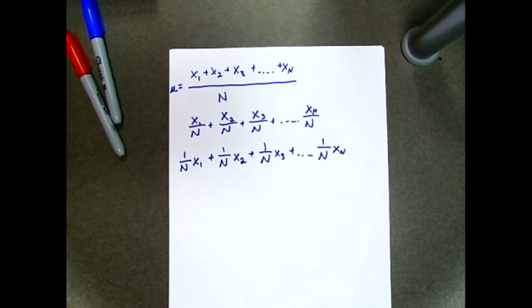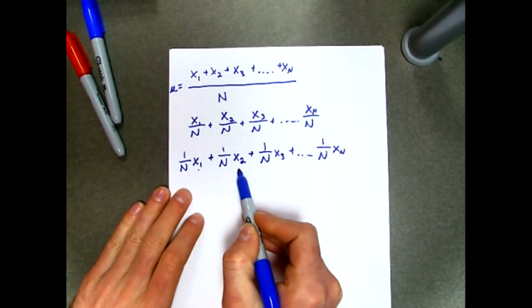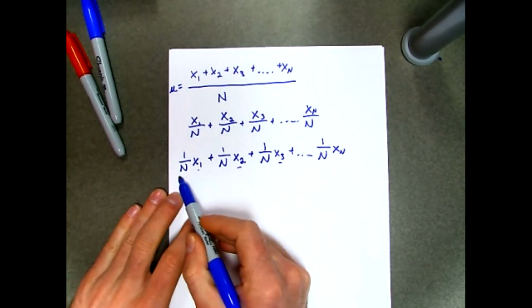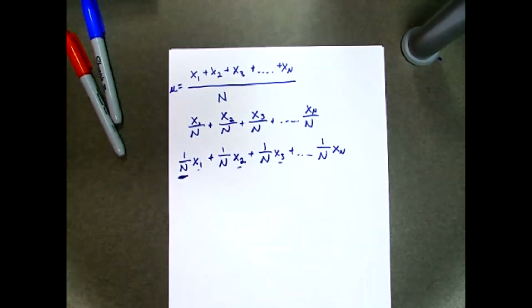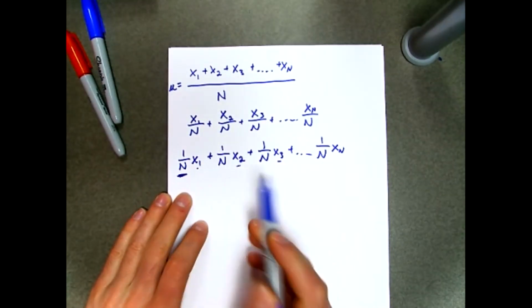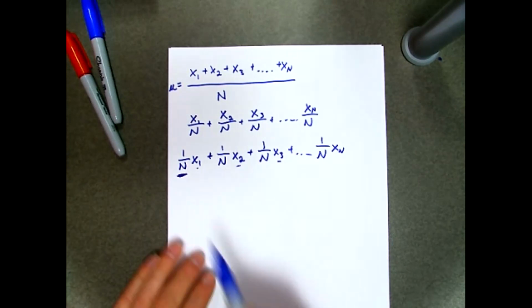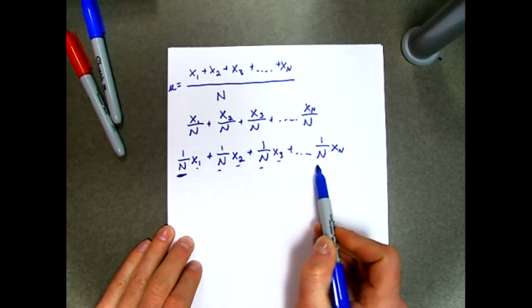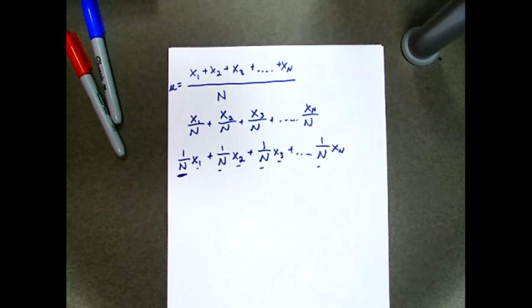But every observation is carrying the exact same weight, or has the exact same pull on that mean. Notice here, every observation is being weighted by 1 over the total number of observations. And that's because that observation represents 1 out of however many observations we have. So the mean inherently is like we're finding a weighted average, but it's just that every single observation carries the exact same amount of weight.